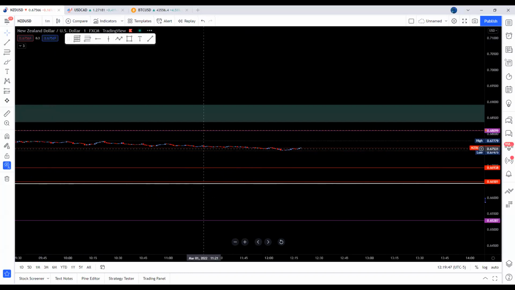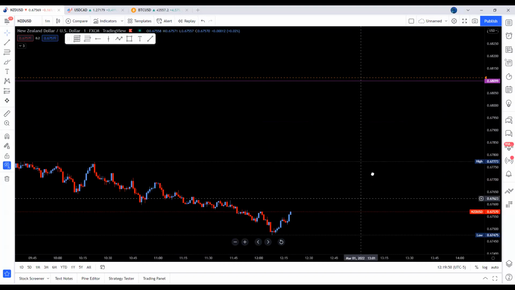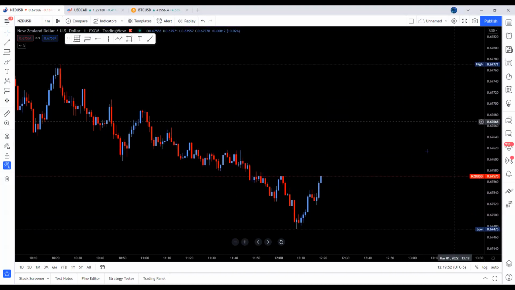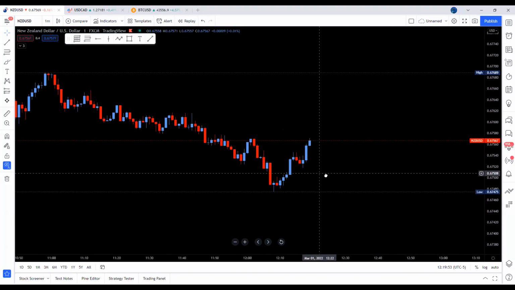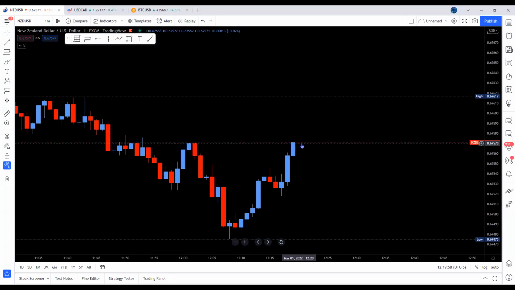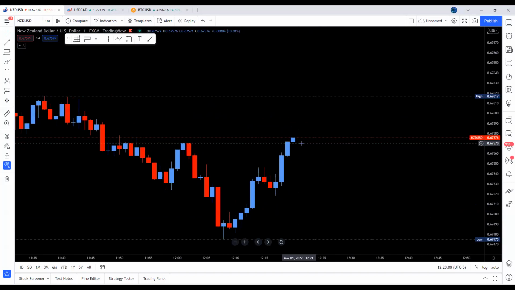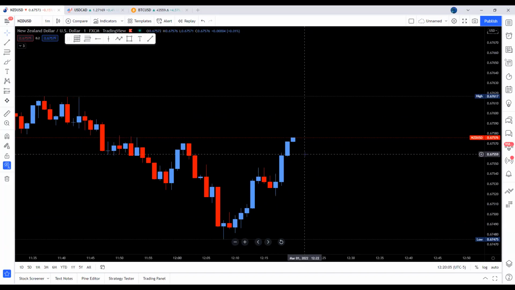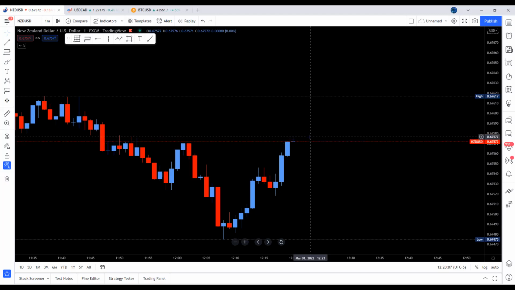Let me put it this way. Every single time an order is synthesized, and we're on the 1 minute chart, you guys see how price goes up, down, up, down, up, down? It continues going higher, then goes down.